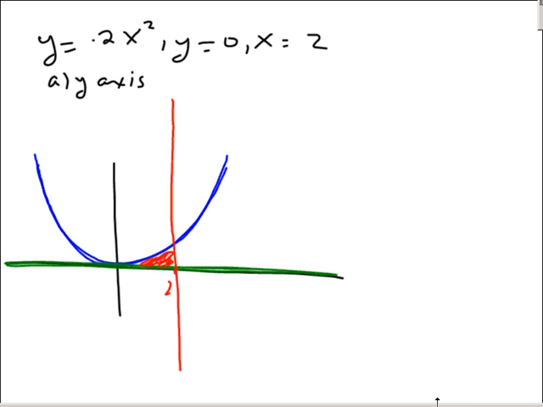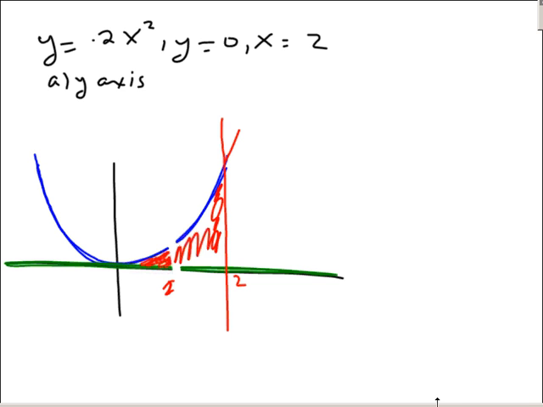Okay, so now that I know what the region is, I'm going to move x equals 2 elsewhere, because it didn't look like a big enough area for me to work with. So this here is the volume that's trapped by the three curves. You need to be able to do that. So we want to revolve this around the y-axis.